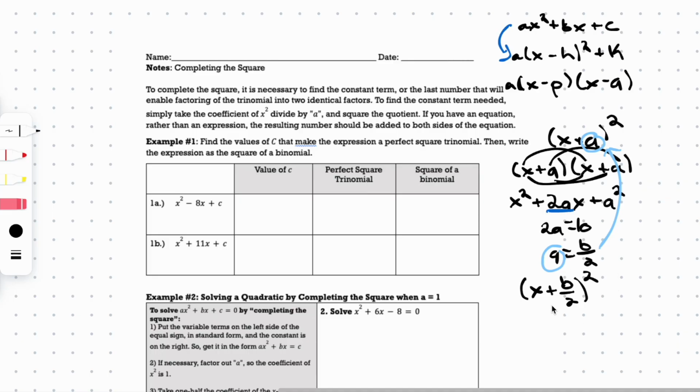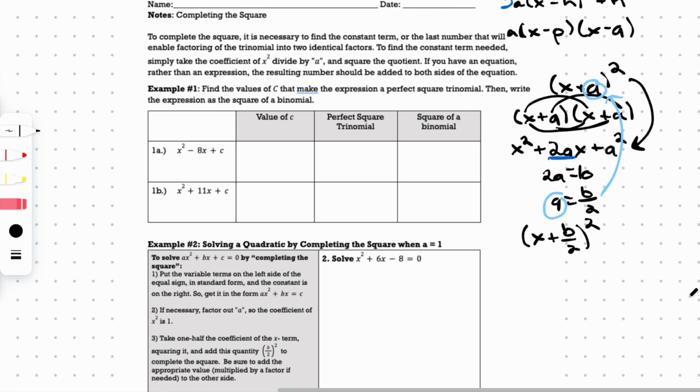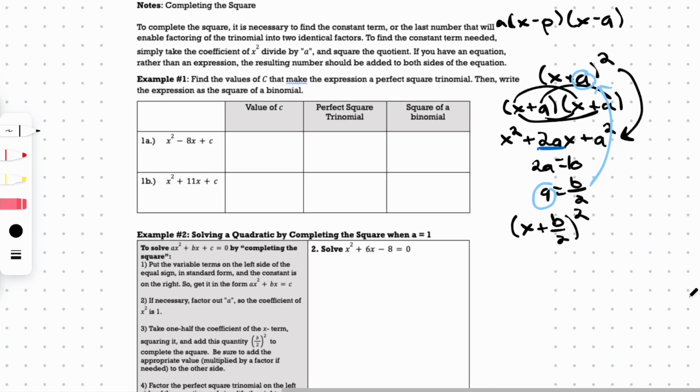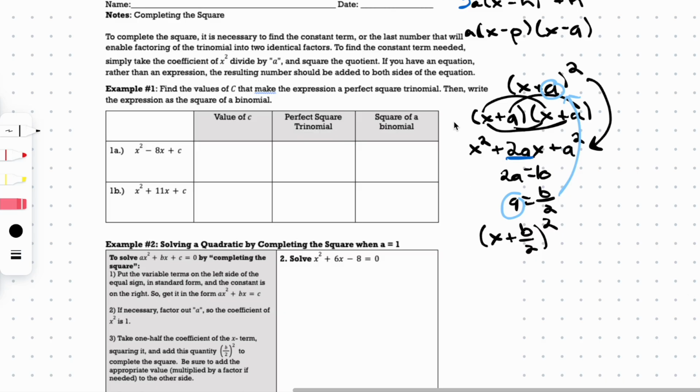Okay? And now, when we FOIL that out, when we go from this step to that step, I know it's getting kind of messy. Right now, we're just going over how to complete the square. Right now, it's not even an introduction. But when we go from this first step to FOILing it out and getting x squared plus 2qx plus q squared, anytime I see q, I'm going to plug in b over 2, because we just said they're equal.